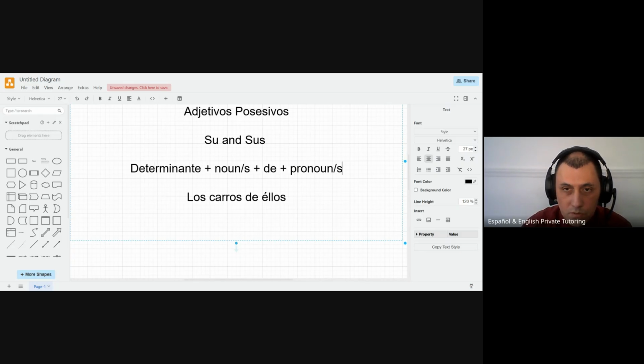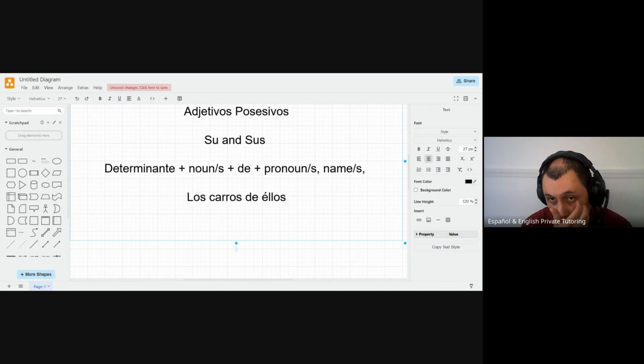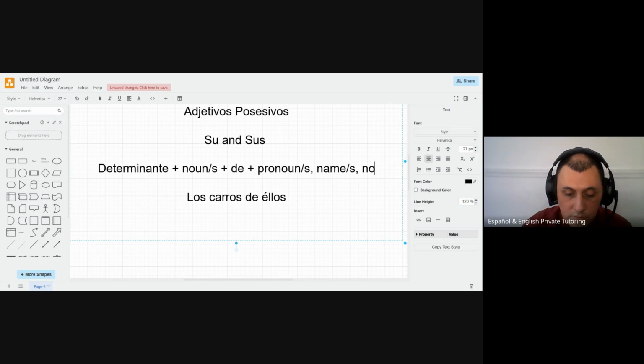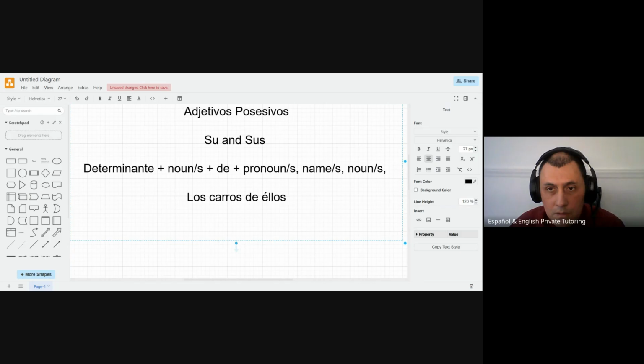I can also use a name or names. Okay, or names. I can also use nouns, a noun or nouns. Pronouns, names, nouns. Yeah.